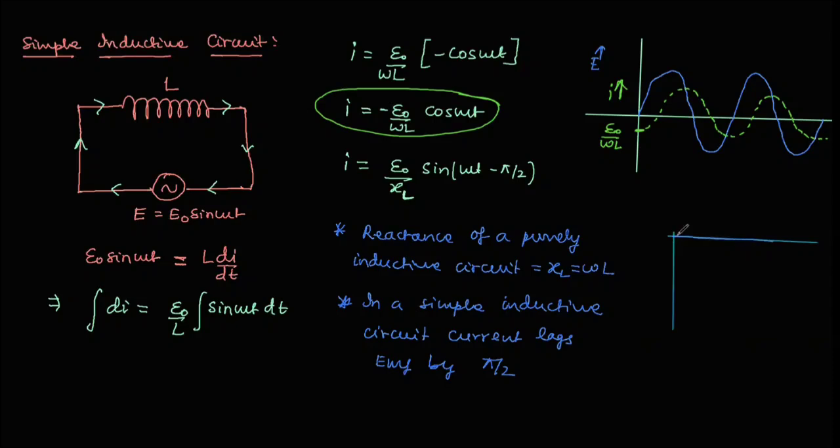So if this is representing EMF or E naught, the current will be making an angle of pi by 2 in a clockwise sense, and the current is drawn over here with a value of I naught, where I naught is equal to E naught by reactance of an inductive circuit, that is XL.